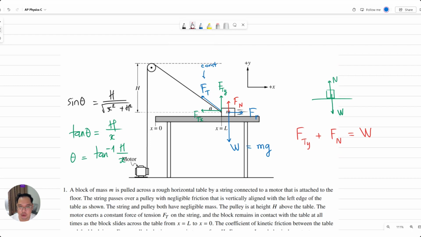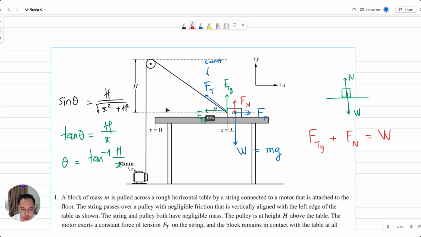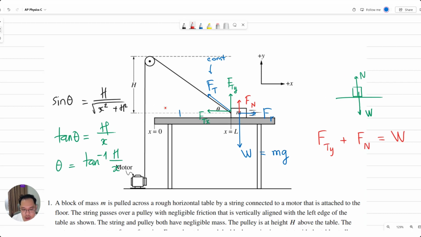For example, when the object moves to the new position here, the string attached to it will make an angle like this, and the angle theta will be greater than before. So that angle changes, and therefore the two components, Ftx the horizontal component and Fty the vertical component, will change.